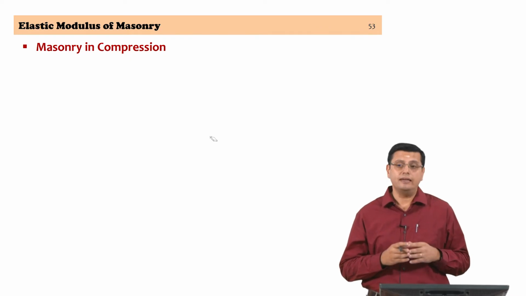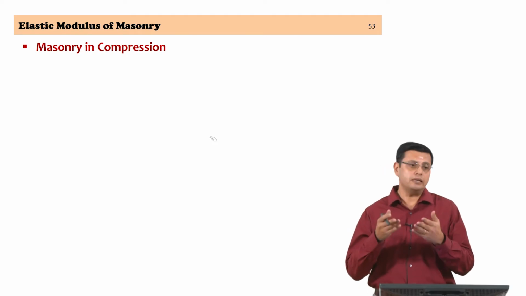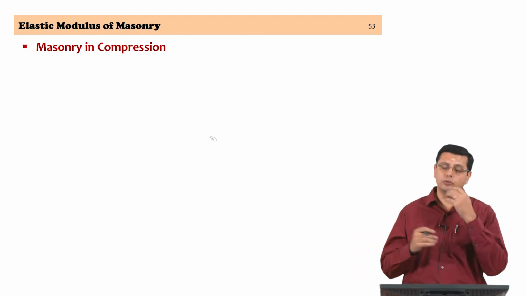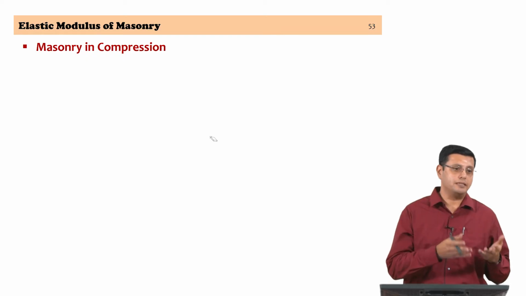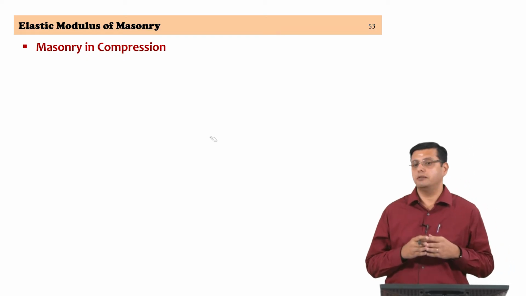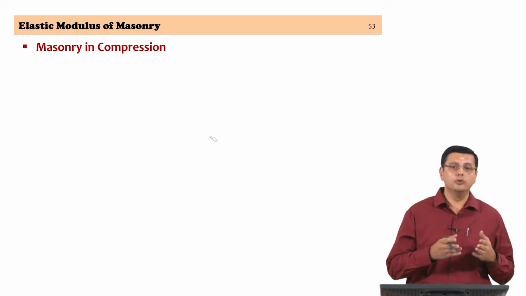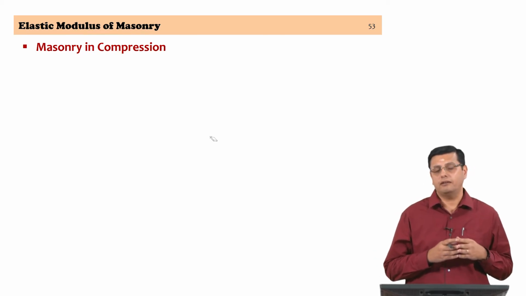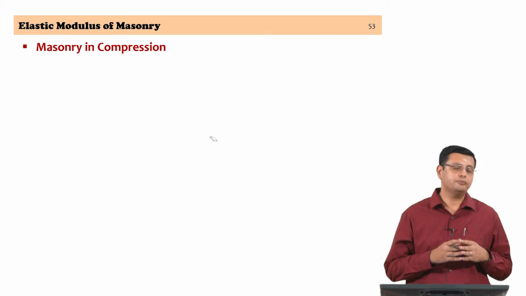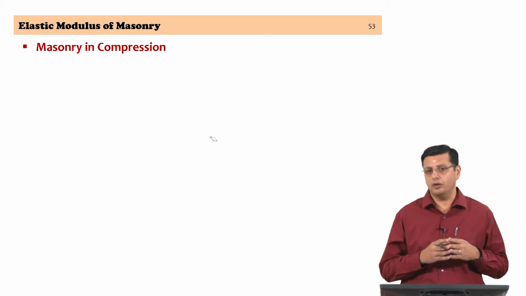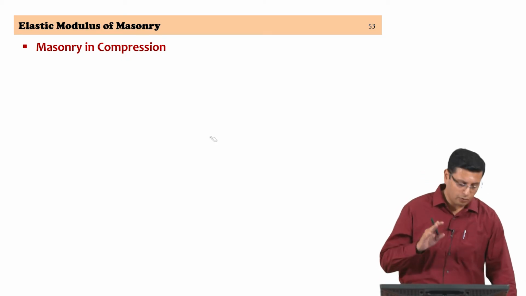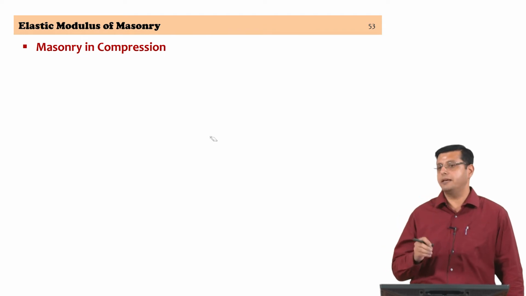And in case you do not have the possibility of actually carrying out a test, are there any ways that you can still use a reasonably accurate value of the modulus of elasticity for your design? So, mind you, we are still examining masonry under compression.